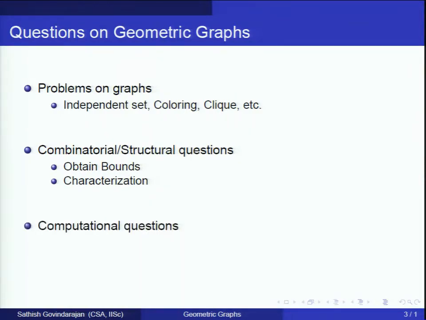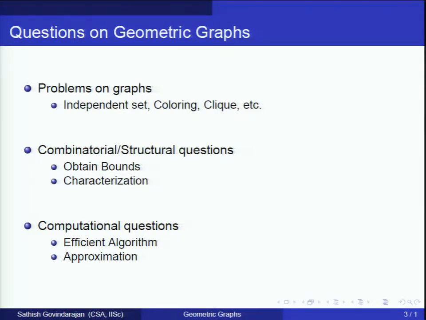The other type is computational questions, or algorithmic questions, which typically involve coming up with an algorithm to compute the best possible parameter, whether it's the independent set, coloring, clique, whatever it is. You want an efficient algorithm, and sometimes you might not be able to find an efficient algorithm.